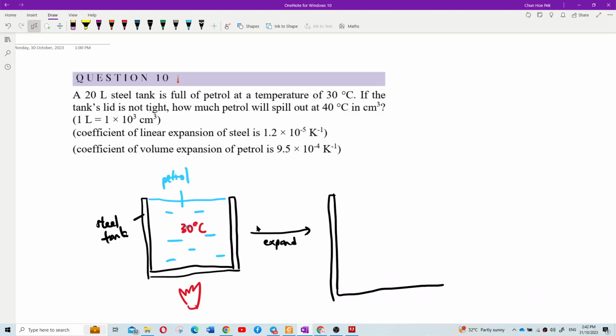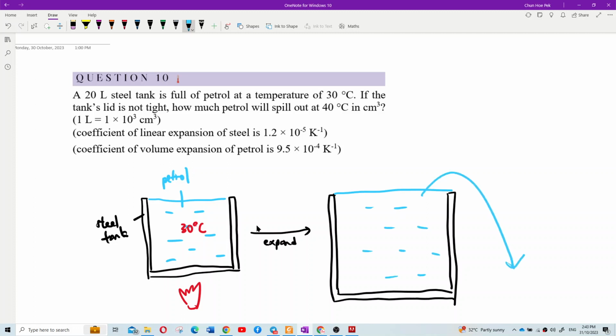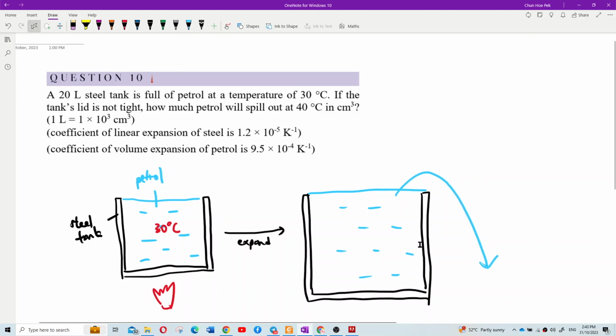But the thing is, it's still not enough. Petrol expands much faster because it's liquid. The tank becomes a bigger container, but the petrol expands even faster. So what happened is the petrol will spill out.